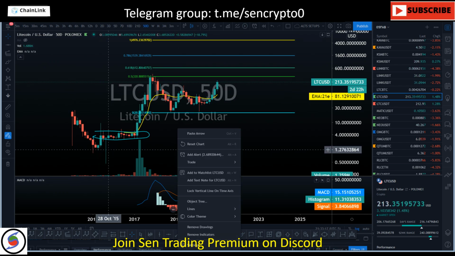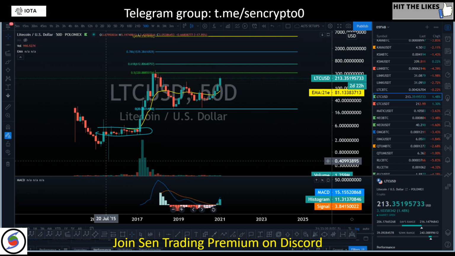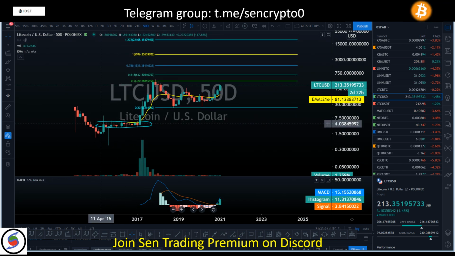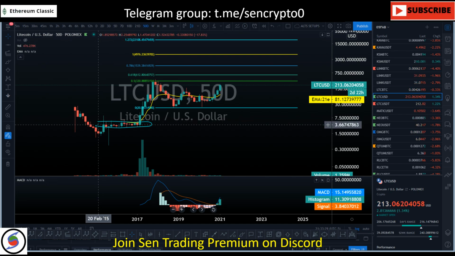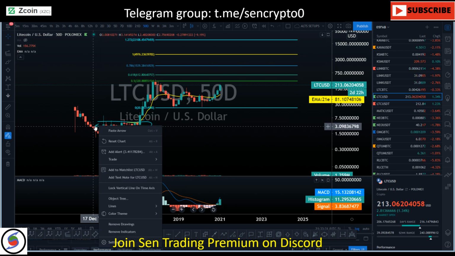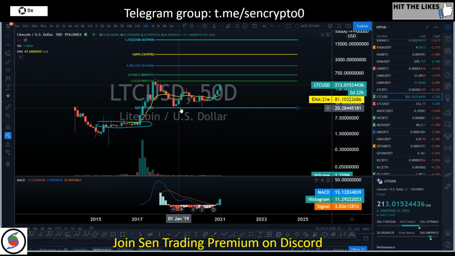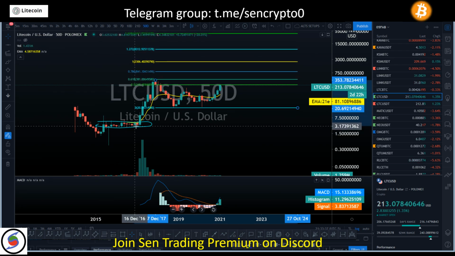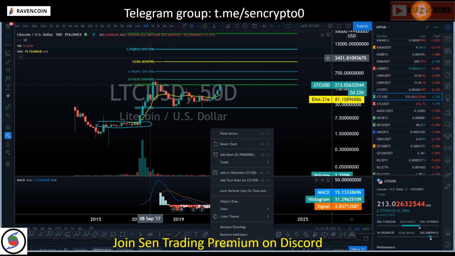So the safest thing to do, at least within the next few months, right? Maybe next cycle we could be looking for 5,000, 10,000 and all of that good stuff. But within this cycle, I think it is safer to take it from right here, which is like the $3 range, okay?